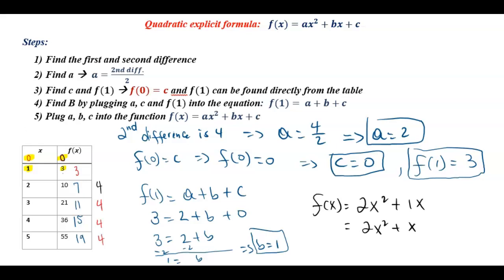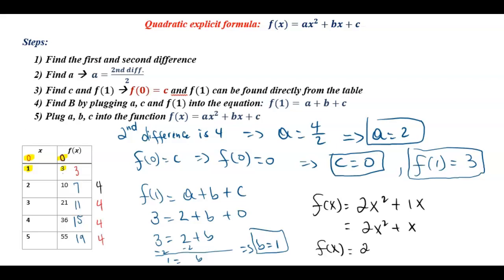Now that answer is good, but sometimes you might want to put it in factored form. So we're gonna rewrite this in factored form. Between 2 and 1 there is nothing in common, so I'm gonna leave it there.